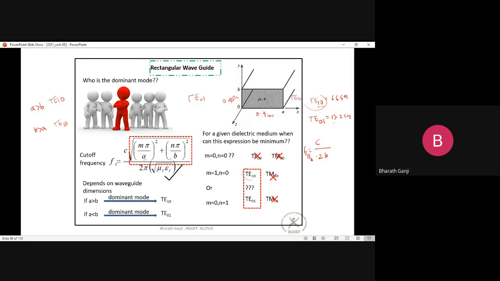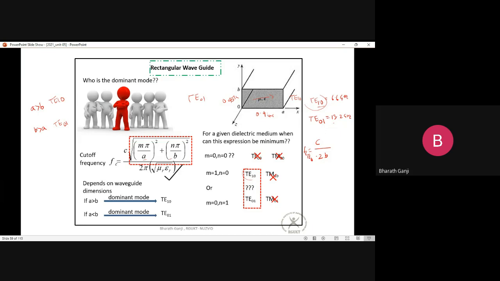If the electric field is parallel to the broader direction, then we say in the waveguide TE01 mode is propagating. So that is how we usually classify, because no one tells you what is A and what is B, because whenever one gives you a rectangular waveguide, inside a rectangular waveguide you always have one broader dimension and one smaller dimension. Okay, so that is how you decide what is a dominant mode that is propagating inside your waveguide.